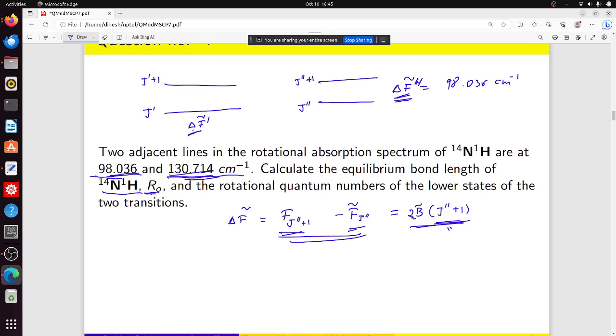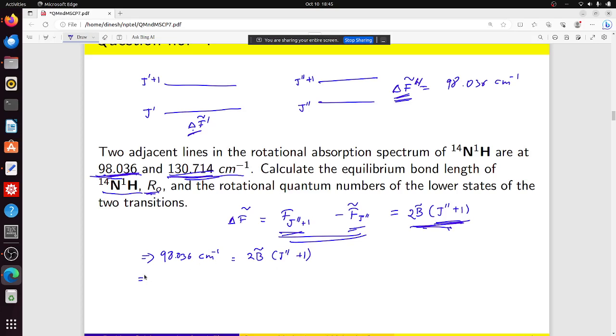Now one value is given to be 98.306, so we can equate this energy difference, which is nothing but 2 b tilde J double prime plus 1.